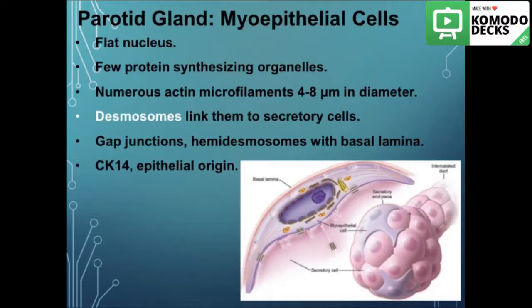Under the electron microscope, they have a flat nucleus and few protein synthesizing organelles. They are linked by desmosomes to the secretory cells and by hemidesmosomes to the basal lamina on the other side, as you see in the picture.